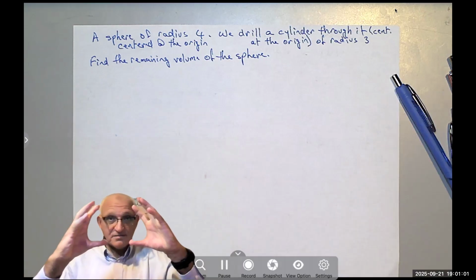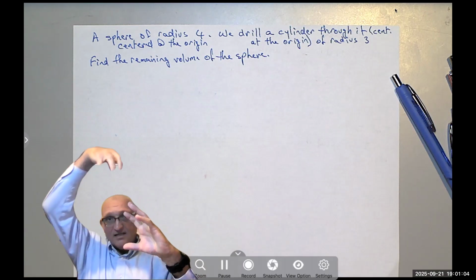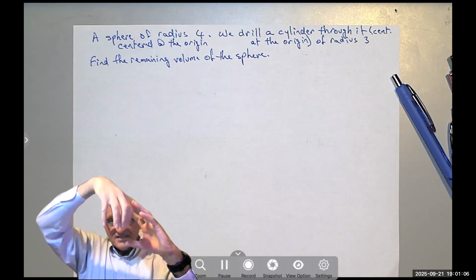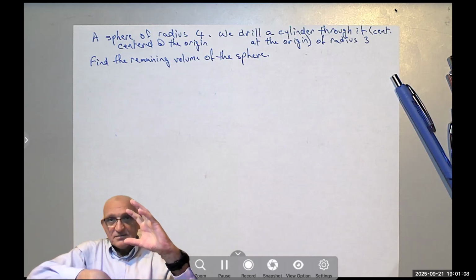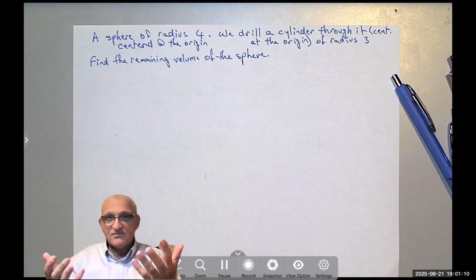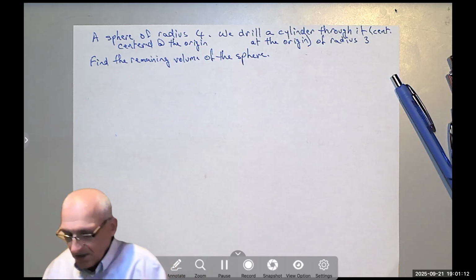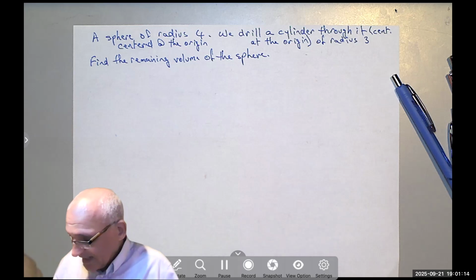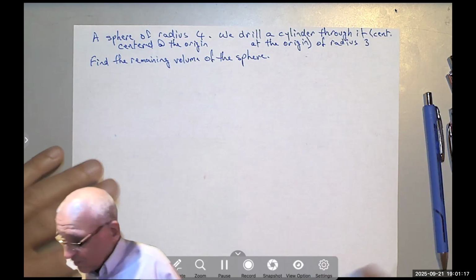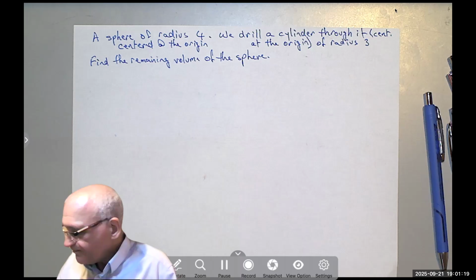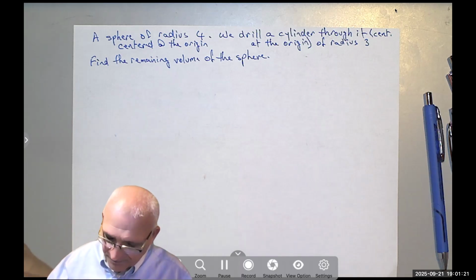So I have a sphere, and then in the middle, I drilled a cylinder, right? So that would be subtracted from the volume, and I want to see what's the remaining volume.